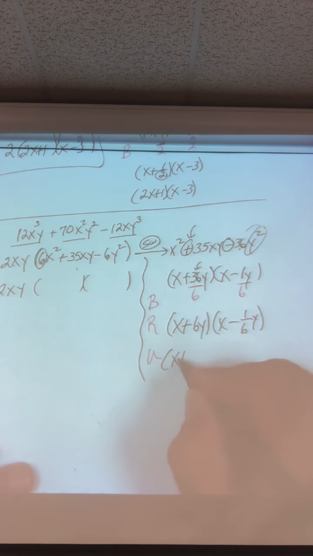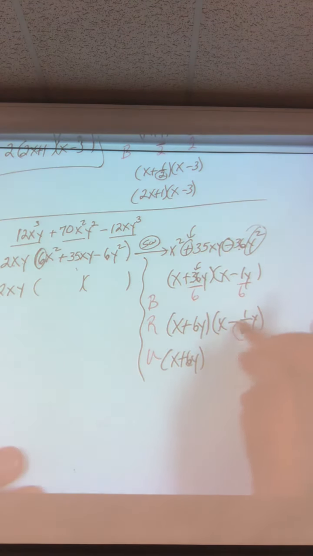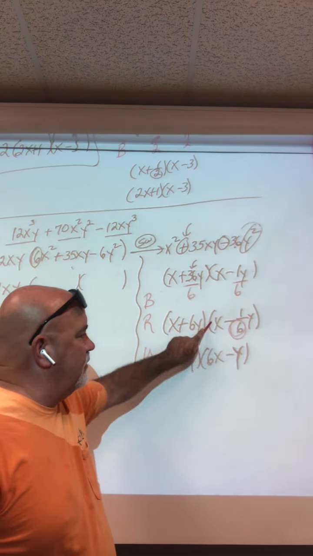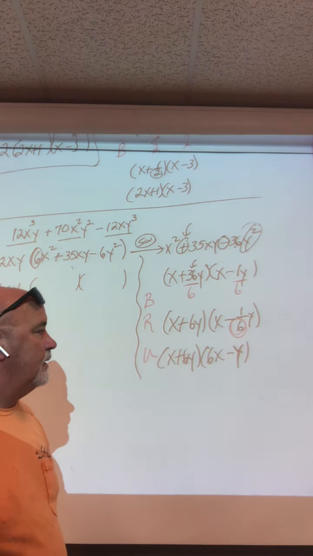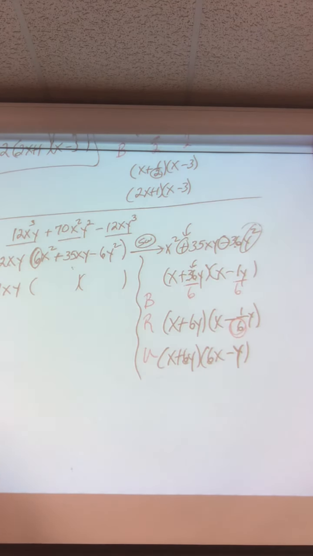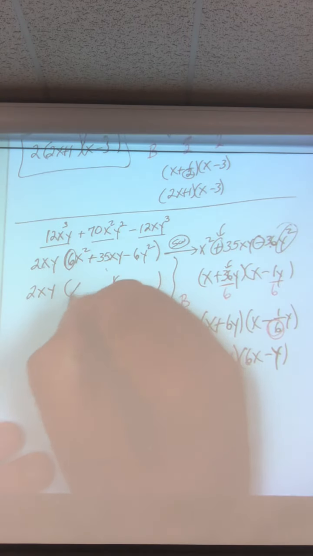I have nothing to do here. But I do have something to do right there. Bring that number up and put it in front of the x. And that becomes 6x minus y. So bring this number up in front right here. Now, these 2 binomials are what go beside the 2xy. So bring that back over here.